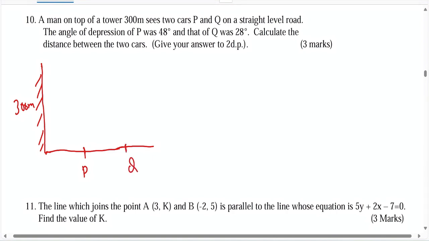Okay, so your angle of depression from that tower is equal to 48 degrees. So basically this is 48. If this is 48, the angle of elevation should also be 48 degrees. So, and now the angle of elevation from the top of the tower to Q also is 28 degrees.